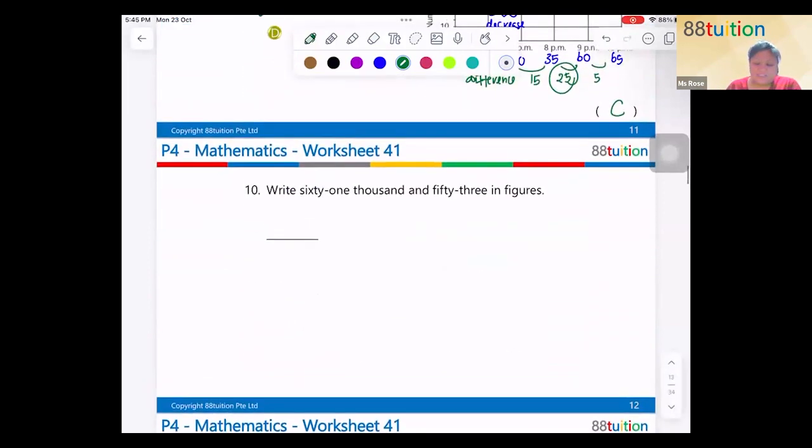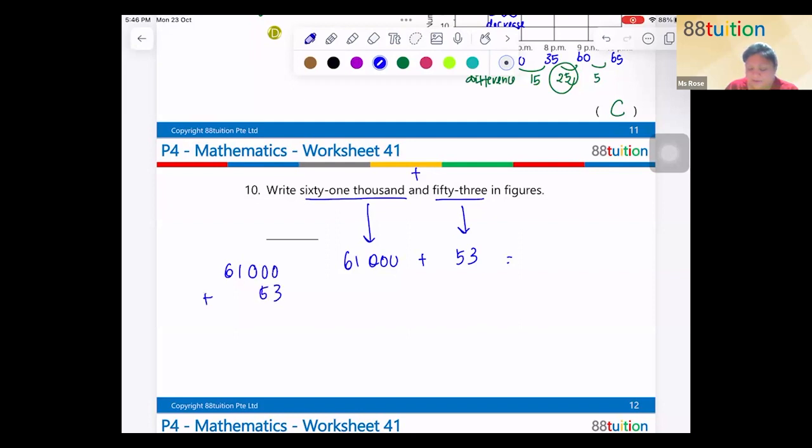Okay, so question 10. You shouldn't get this wrong, but some of you did get it wrong. So they say 61,000 and 53. So what do I have? So you can do it this way. Follow the usual addition.